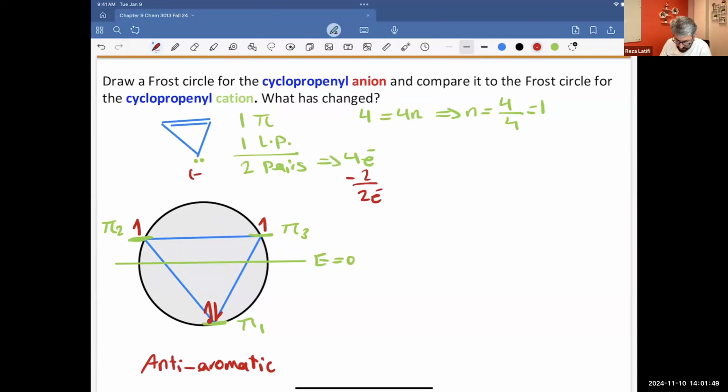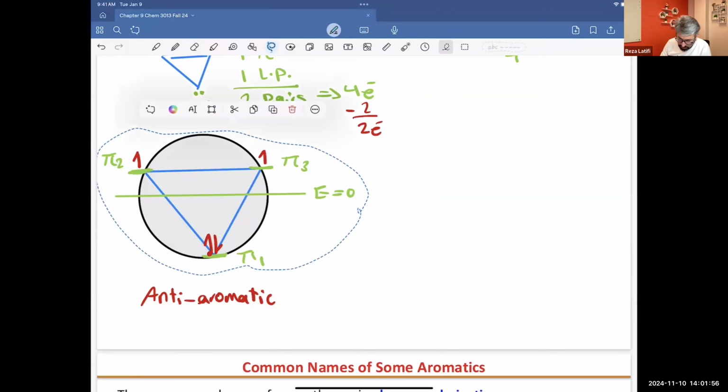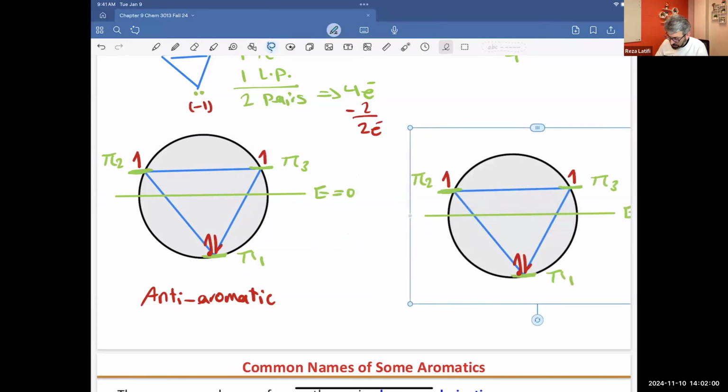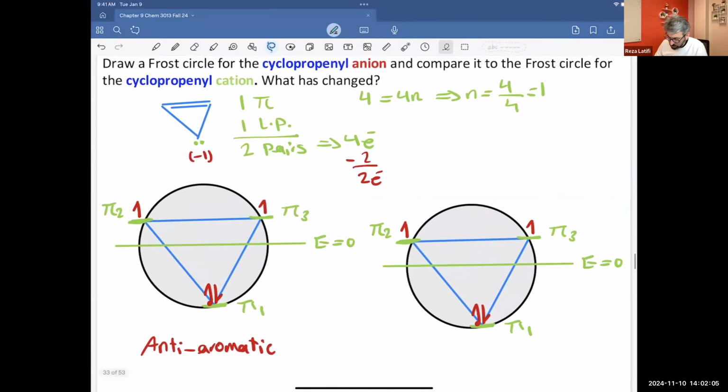Now, what will happen if we turn this one to positive instead of negative? Right now it is -1. If I turn this one to positive, we will have such a structure. We will have a pi bond, but this carbon will have a positive charge.